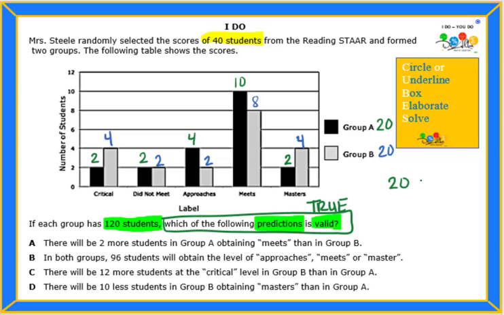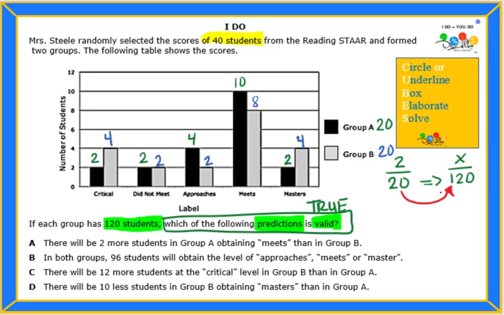And each group is going to have 120 students. So whatever number we have out of 20 students, say the first one, critical, that number would be 2 out of 20. How much would that be out of 120? We have to look at the relationship or the factor.